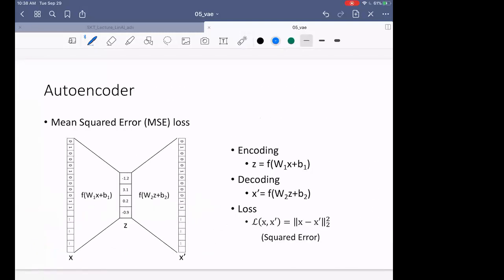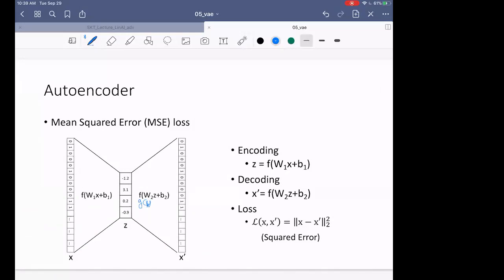Right, and a bit of mathematical notation. So we had the z converted from the x that goes through a nonlinear function f, and the x prime is, again, you put the z through a nonlinear function, and actually this should be a different function. Sorry about that. Maybe this should be g, because you don't have to use the same nonlinear activation function for the encoder and decoder.